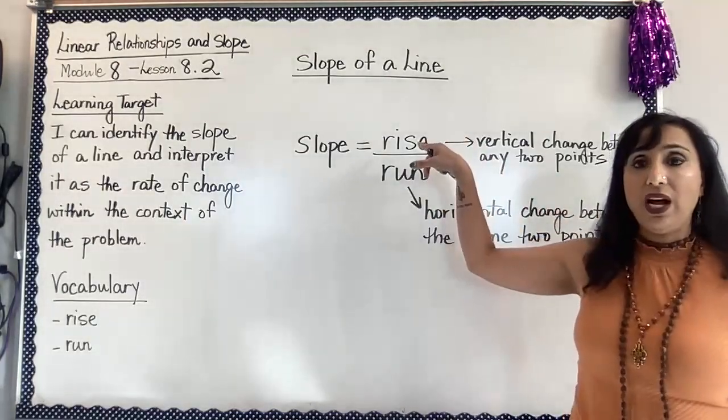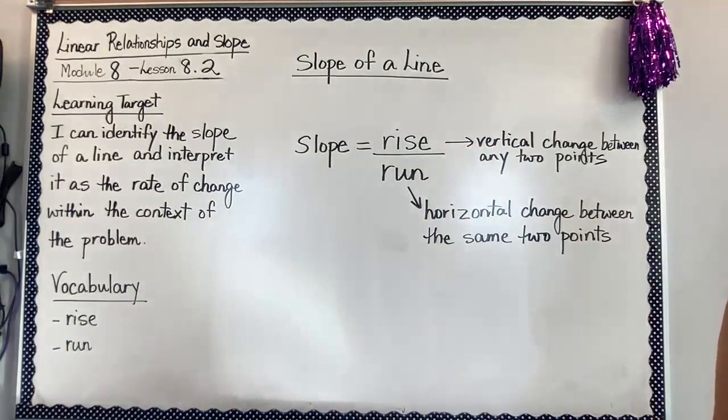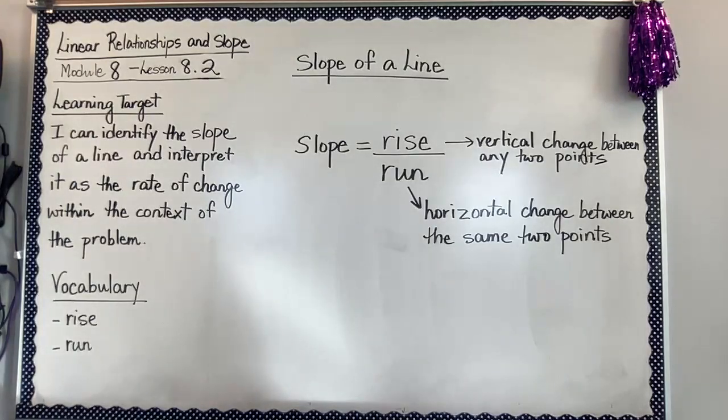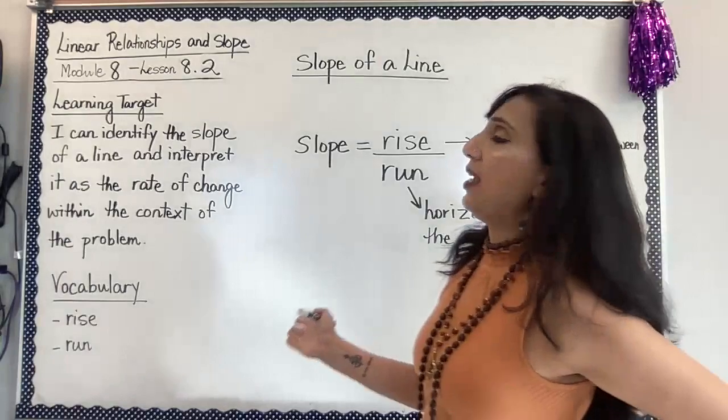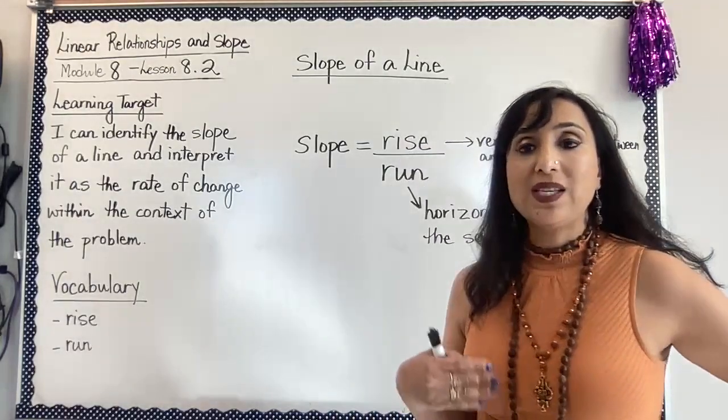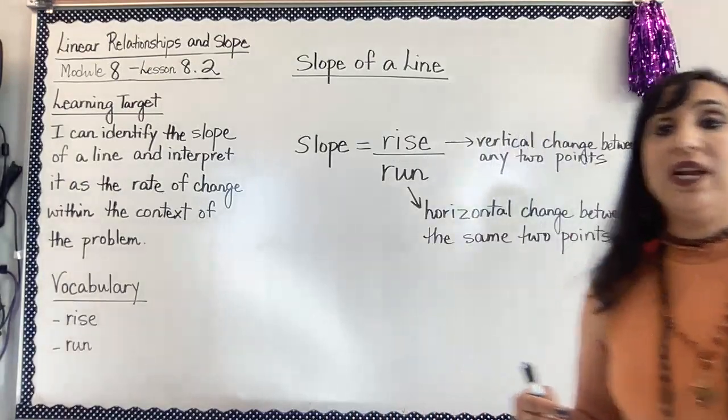It's a ratio written out like this. In linear relationships, the slope is always constant, and we had just done that in the previous lesson.